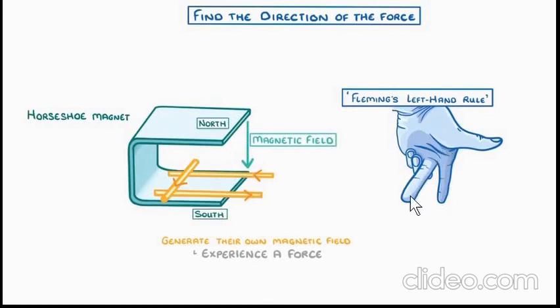Then the second finger represents current, because you can see over here, this is the direction of current, and this is represented by the second finger. So the thumb will represent the force. So how will this roll out? This free moving conductor will roll out in this direction, right? So this is how it works.